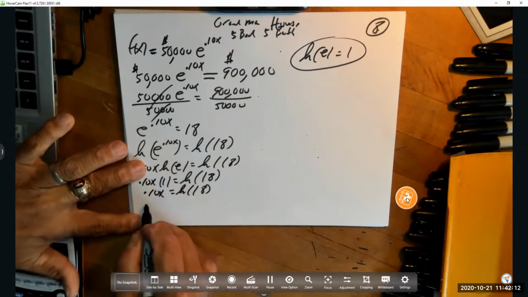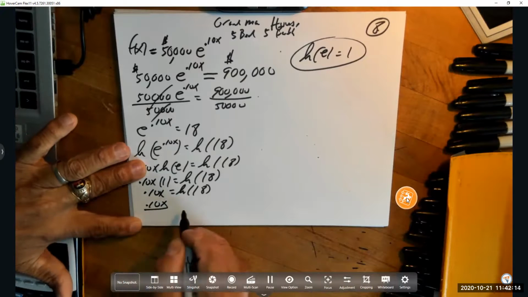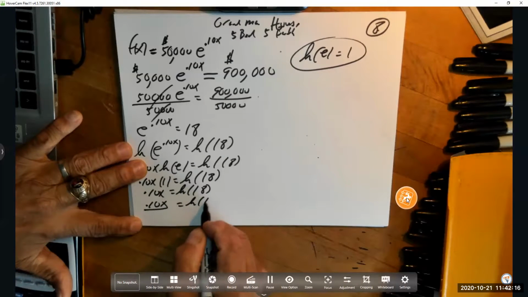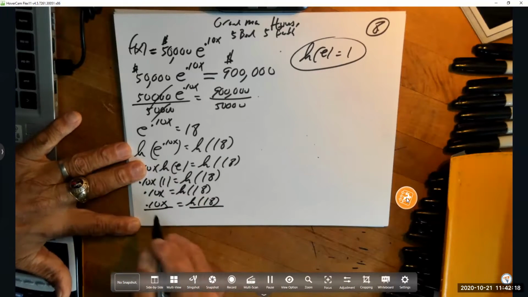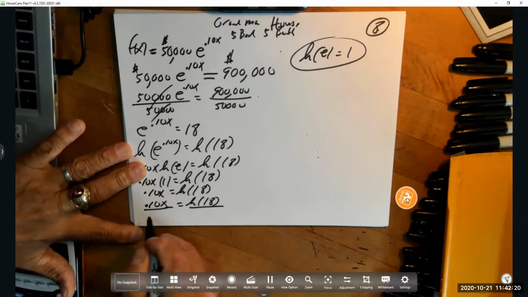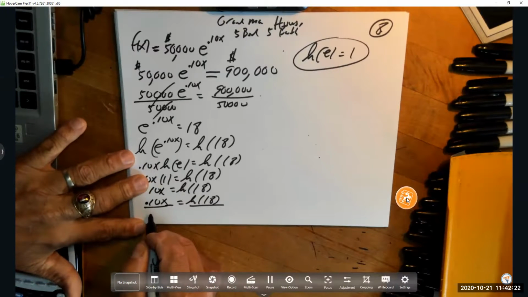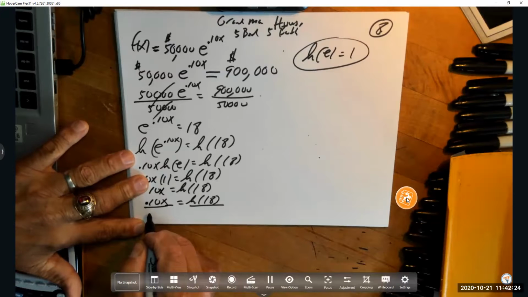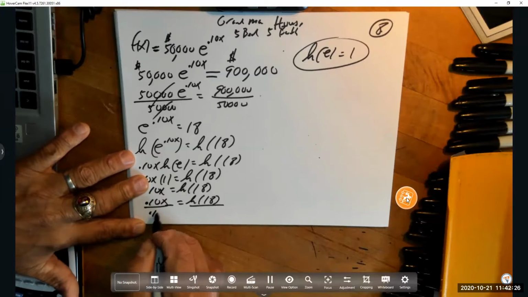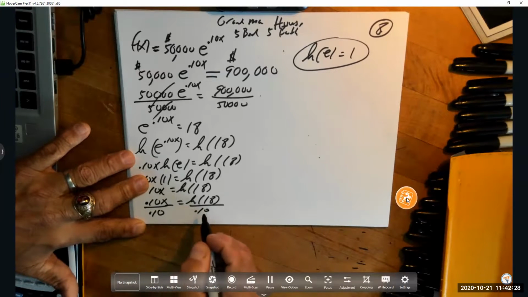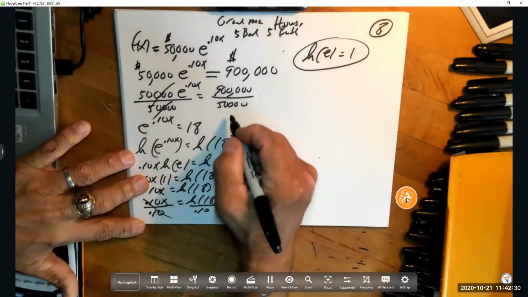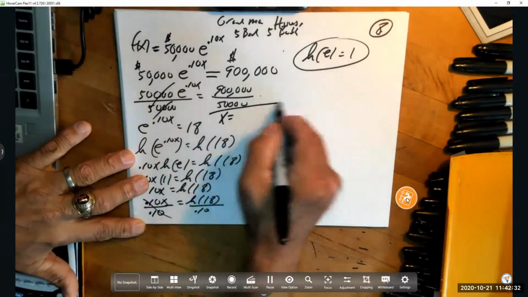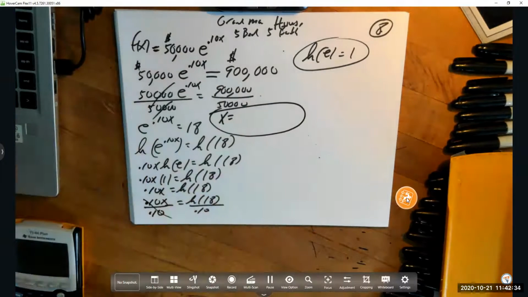So now divide by, you told me, what? What do I divide both sides by? 0.10, 0.10, like this. These are gone. Yeah. So x is, I don't know, some number.